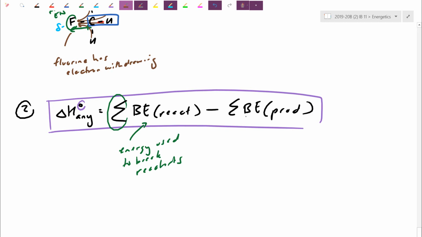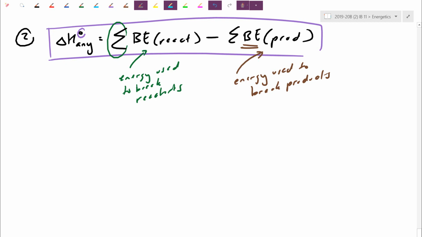You'll notice I'm comparing it just to bond enthalpies. So this one is still energy used to break something, but in this case we're using energy used to break products. For the time being, you can think of that somehow indirectly. That refers to how much energy I get back out of this reaction. If I compare how much energy to break the left-hand side and how much to break the right-hand side, that should give me an overall energy change for the reaction.